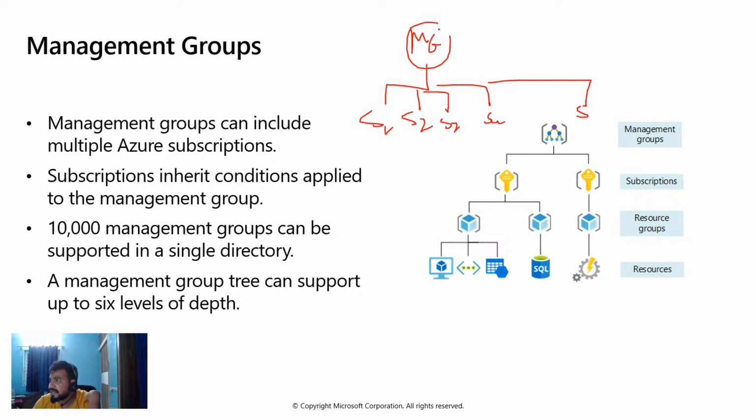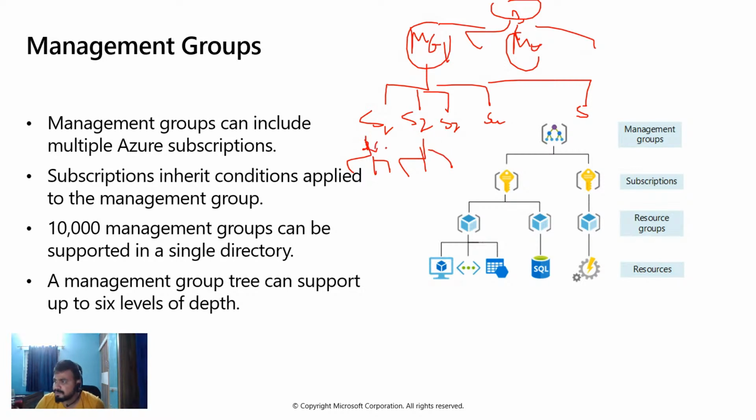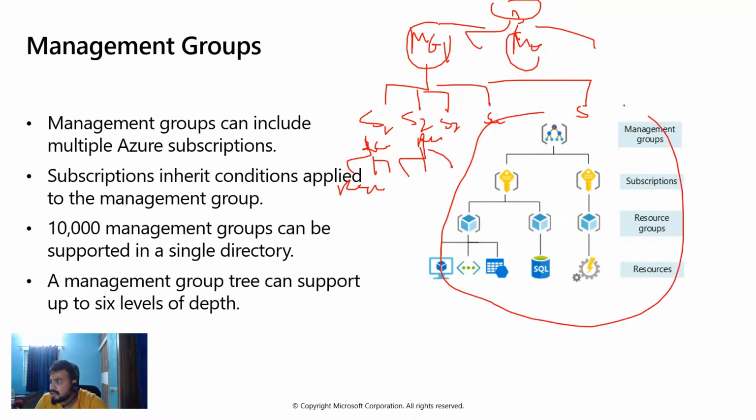Also I can have management 1, management 2, directory level, main boss, 1 2 3, again here subscriptions, again here roots, and so on. Here resource groups, resources. I know this diagram is messy, but just try to relate it with this diagram. So this is the resource group, this is a subscription, this is the management group, and these are the resources of Azure.